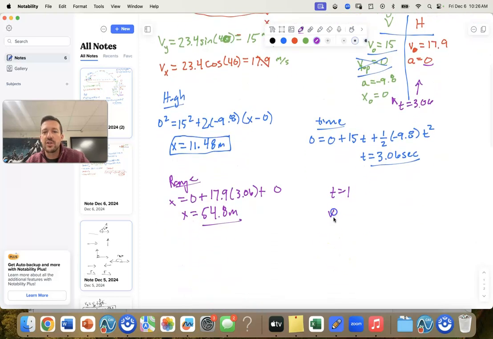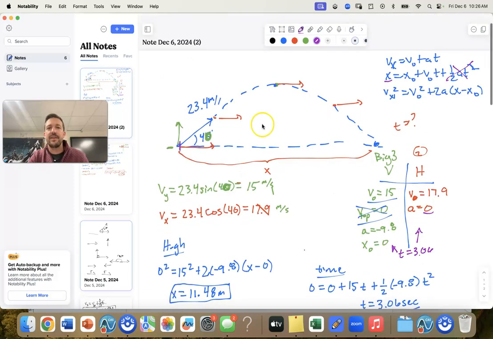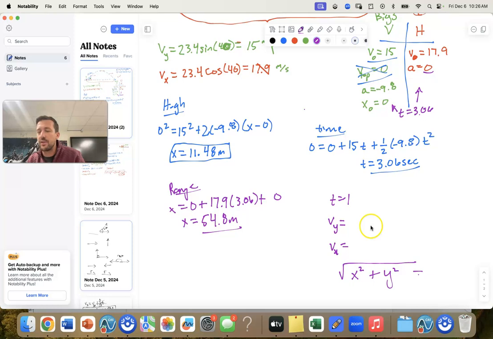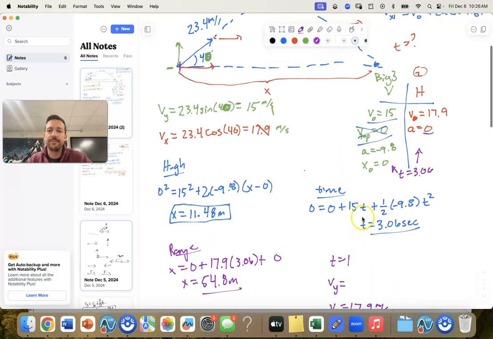What you have to do here is find the vertical velocity at that time and the horizontal velocity at that time, and then we're going to take the magnitude, the x velocity squared plus the y velocity squared, and that'll tell us how fast it was going. I already know the horizontal velocity because remember, the horizontal velocity never changed. It's 17.9 the entire time. So I know this one is 17.9 meters per second.